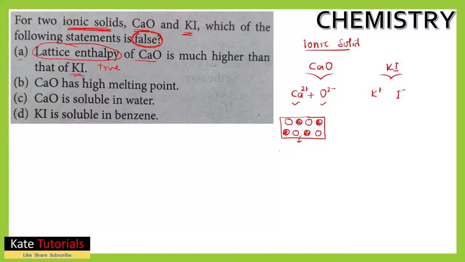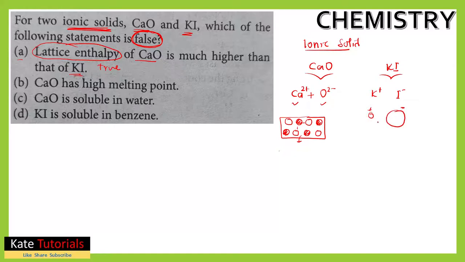Why is it true? Calcium exists as Ca2+ and O2-. It forms a lattice in which the bonding is very efficient, so it releases more energy. So it has a higher lattice enthalpy compared to K+ and I-, because K+ is smaller in size and I- is bigger in size.